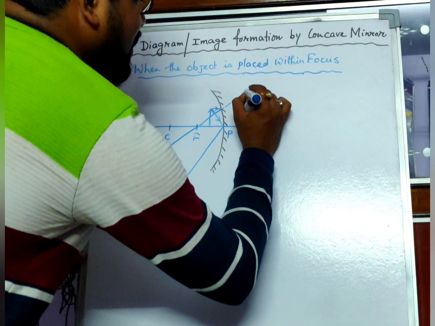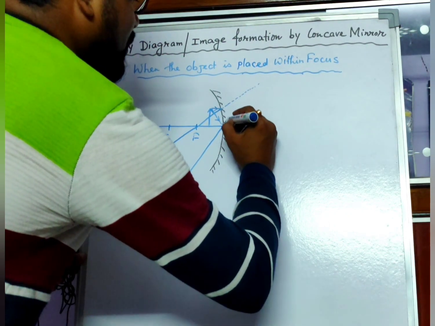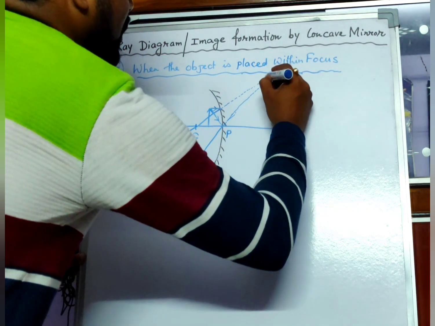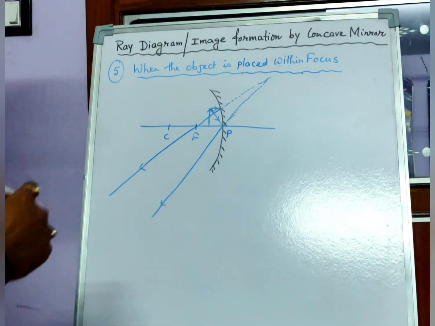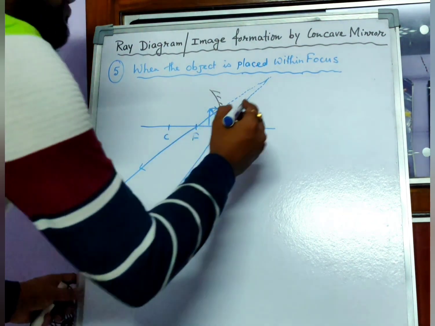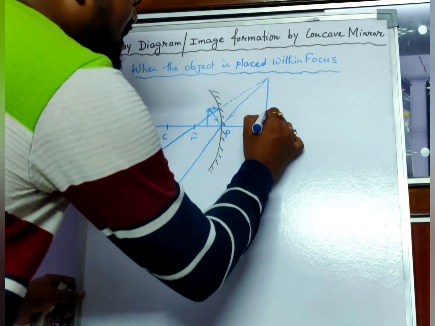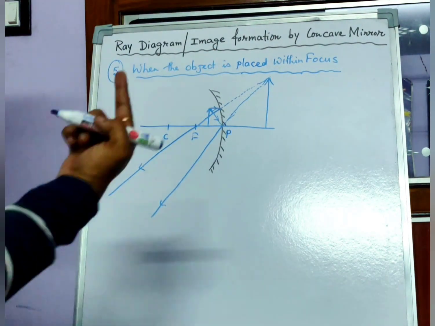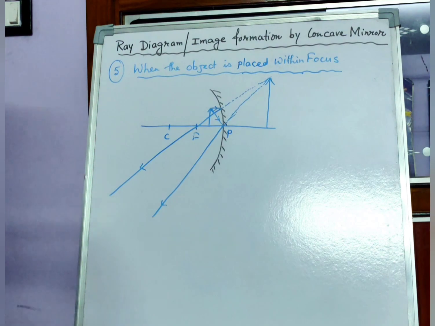If we draw the back trace of these two reflected rays, they will meet somewhere behind the mirror. When they meet behind the mirror, the image is upside up, the arrow is upward.